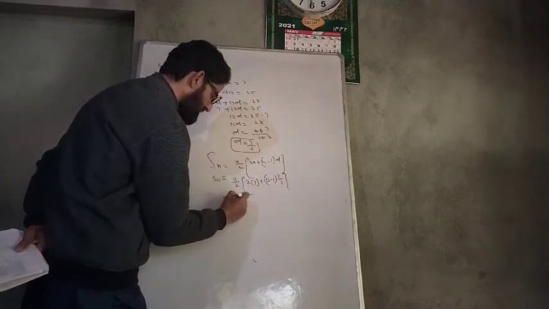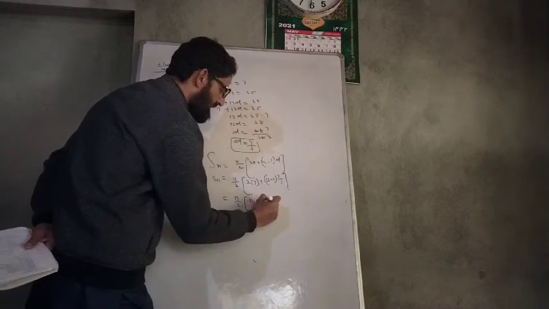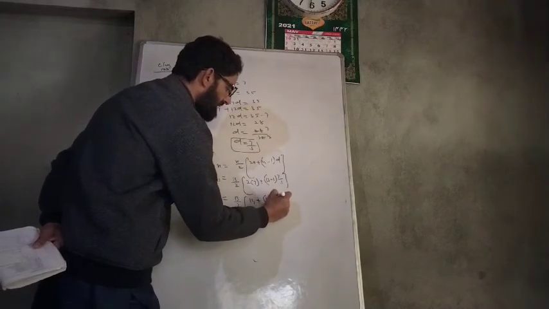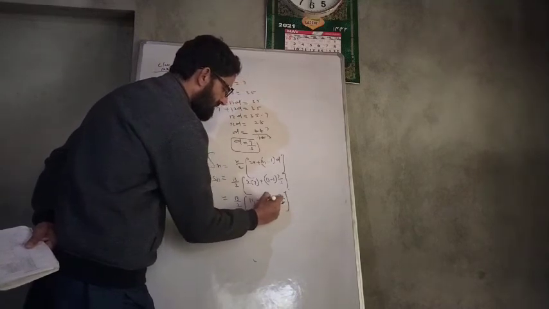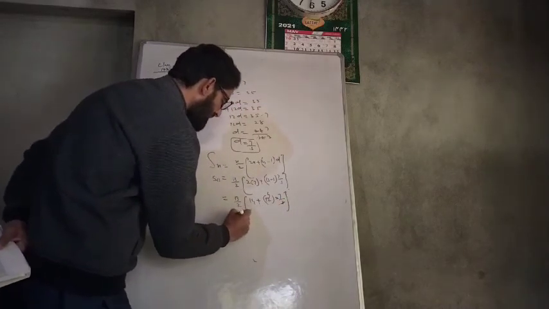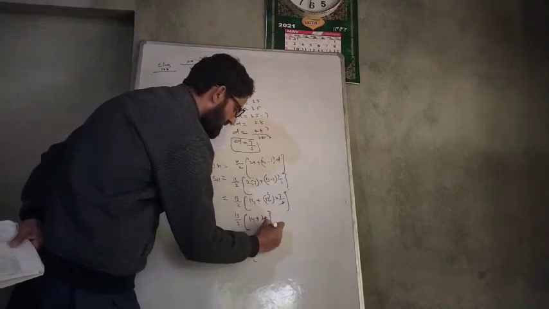So further, this is 13 divided by 2 into 2 sevens are 14 plus 12 into 7 by 3. 3 ones are 3, 3 fours are 12, so 14 plus 28.